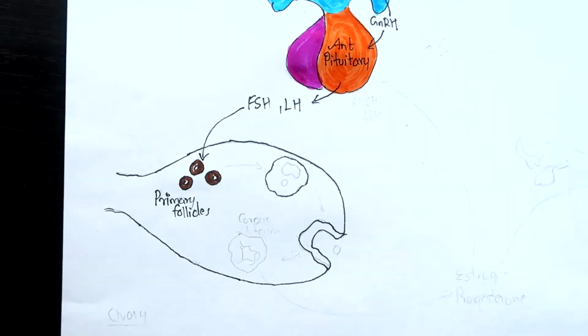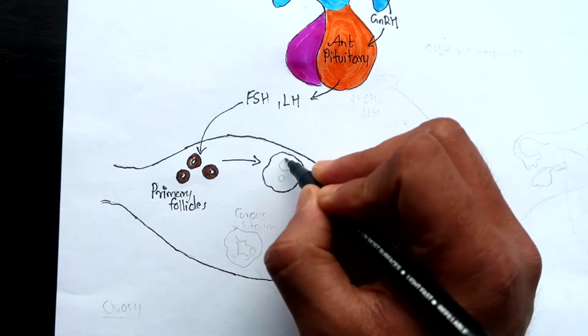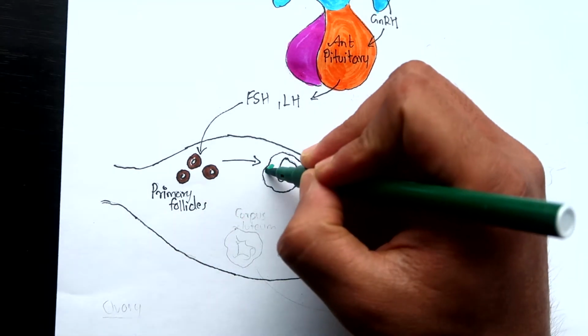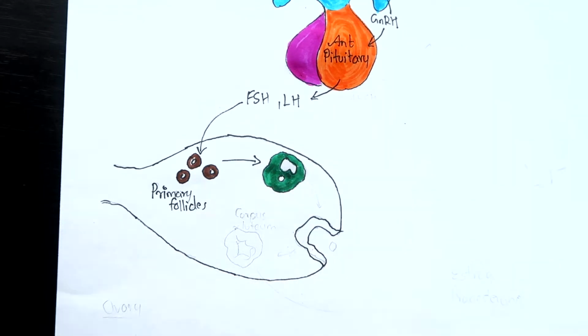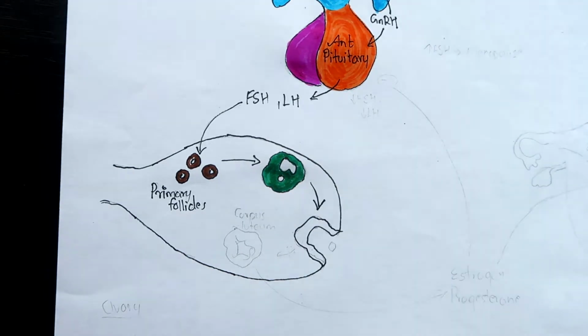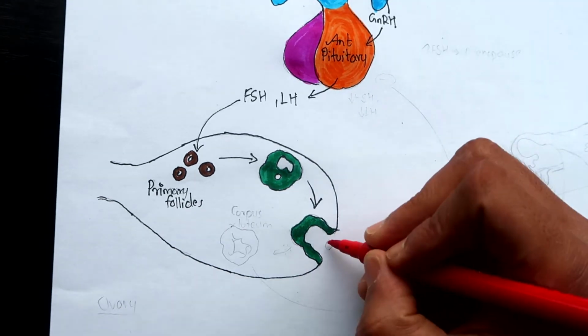FSH acts on the primary follicles of the ovary and stimulates their development. After passing through various stages, the follicle reaches the final stage to form the Graafian follicle. With the help of luteinizing hormone, the Graafian follicle ovulates and the ovum is released.